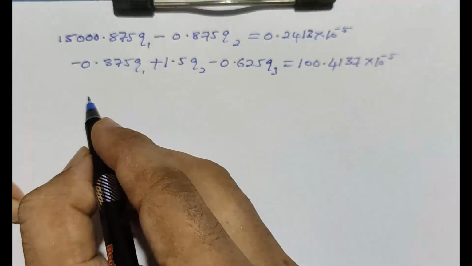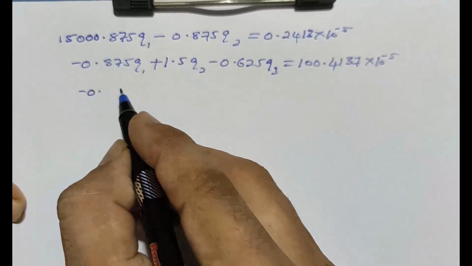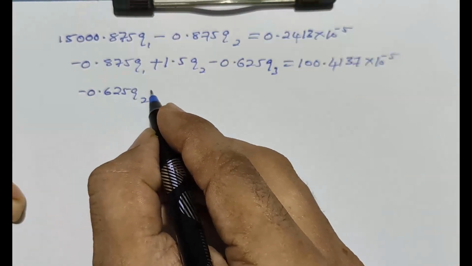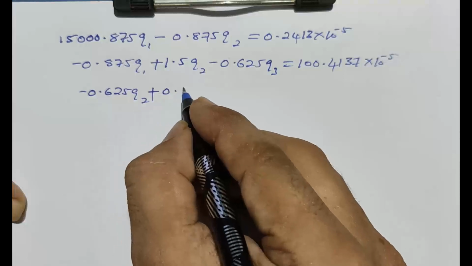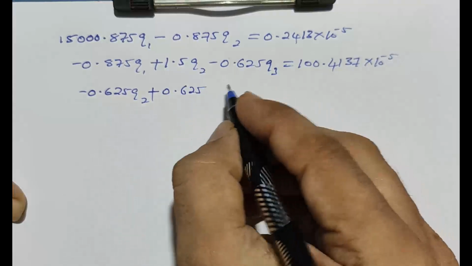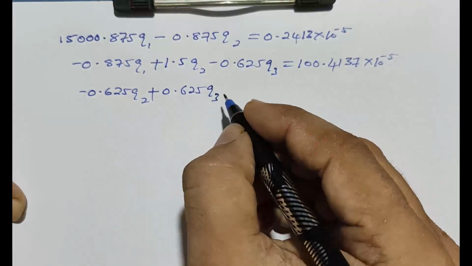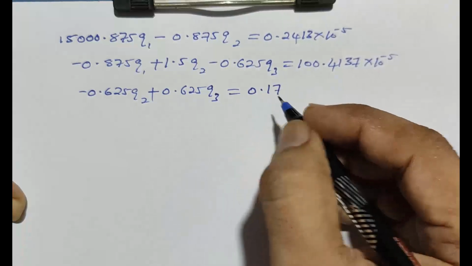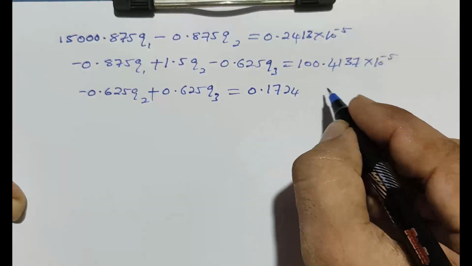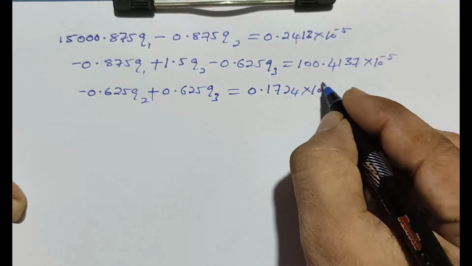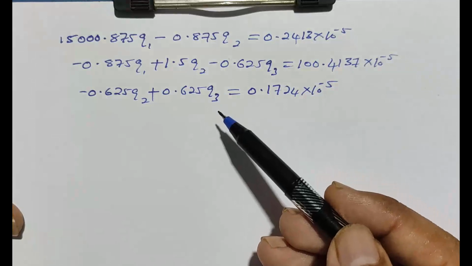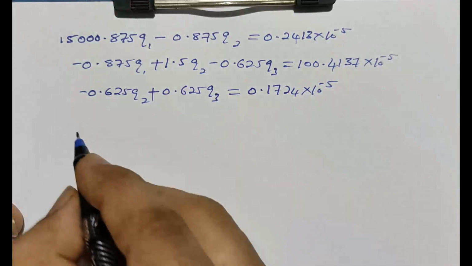Third equation is minus 0.625 Q2 plus 0.625 Q3 is equal to 0.1724 into 10 power minus 5. Now if you solve these three equations, you can find out Q1, Q2, Q3.